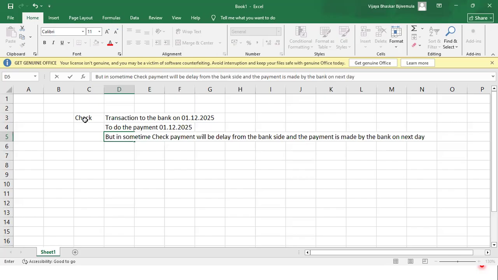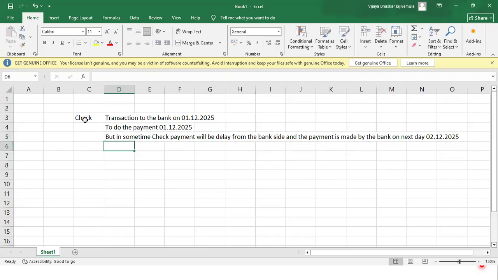The next day means 02 12 2022. So there is a check payment delay from the bank side.